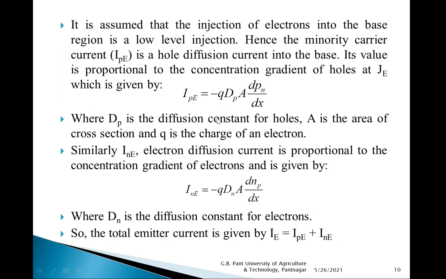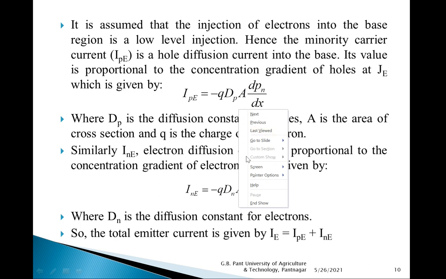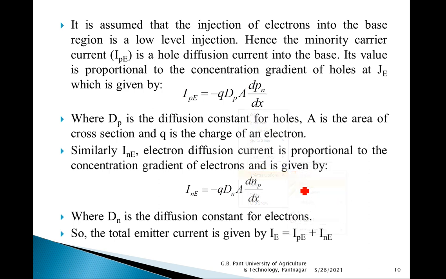So it is assumed that the injection of electrons into the base region is a low level injection. What does it mean? Because of this low level injection, the minority carrier current, that is IPE, is a hole diffusion current into the base, and its value is proportional to the concentration gradient of holes at JE.